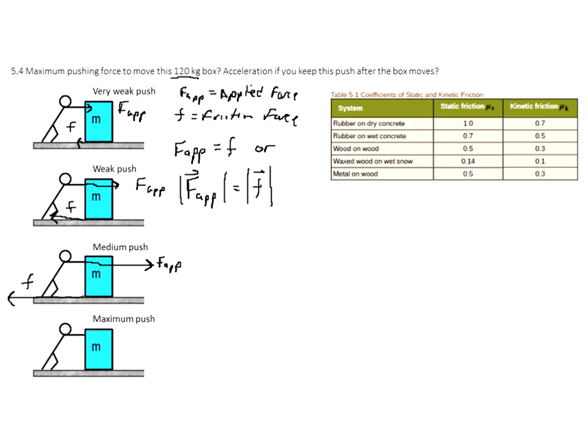These are two different ways of saying the same thing. And that is the equivalency no matter what the push was. So notice the frictional force varies depending on the applied force.